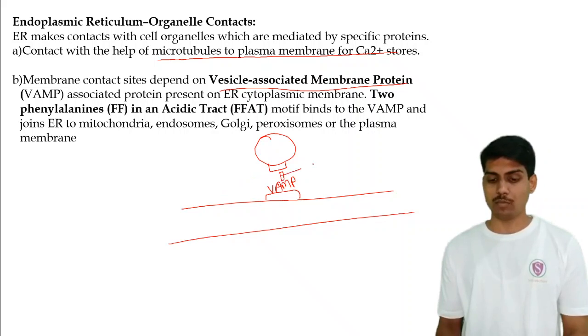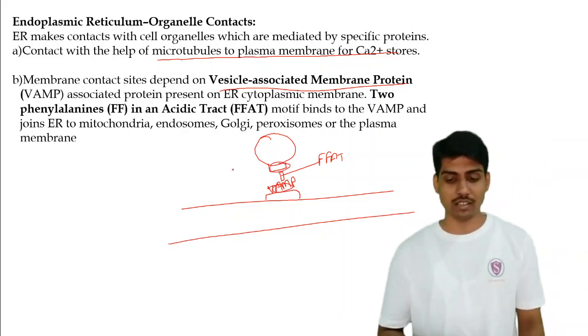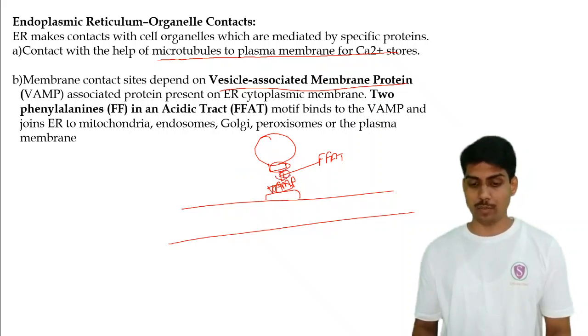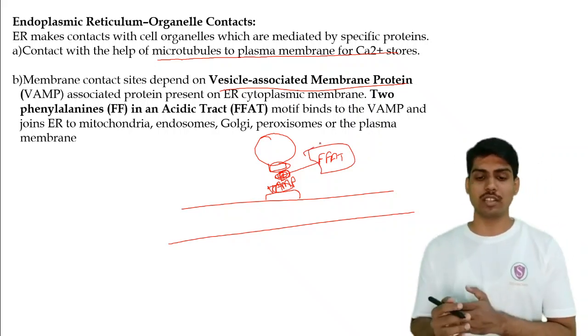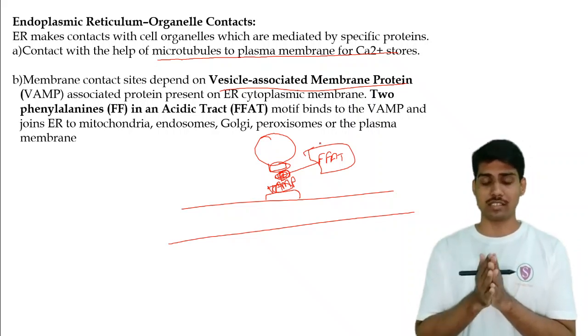The FFAT motif will bind this VAMP with the peroxisomal surface receptors. So these contacts occur with the help of FFAT. So this is the structure and how the endoplasmic reticulum is inside the cell.